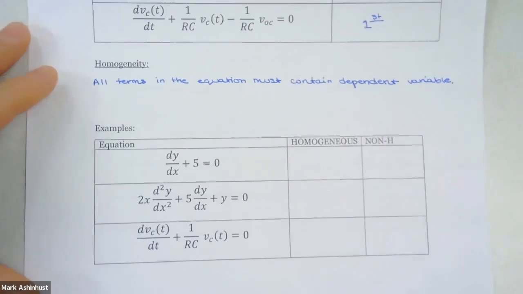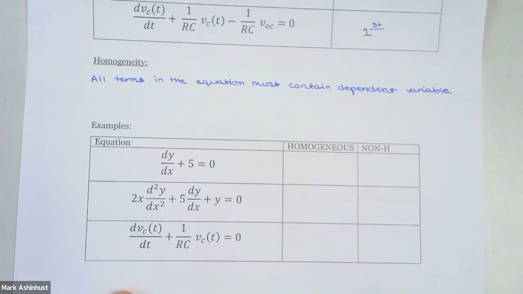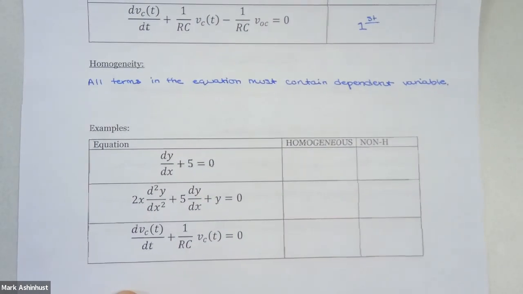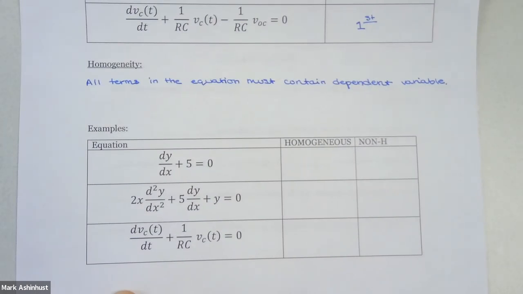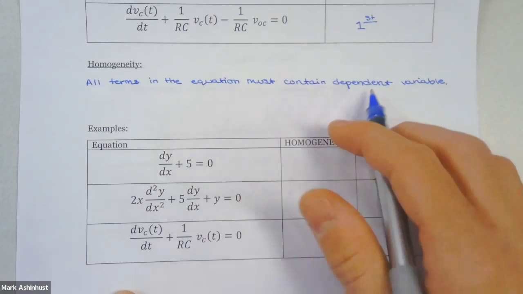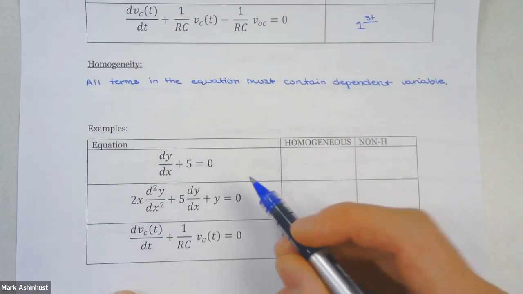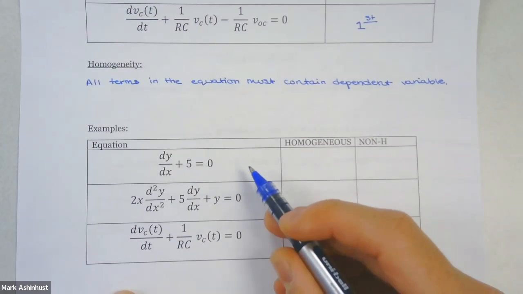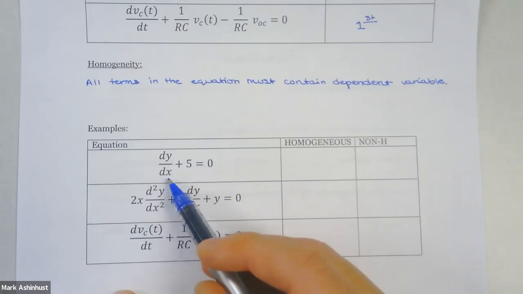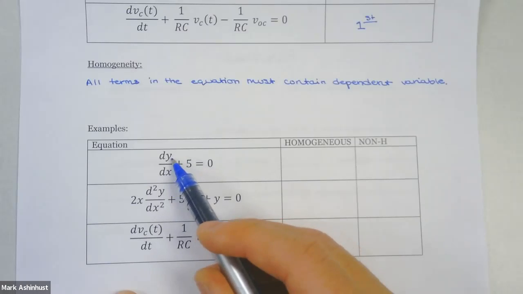Just like linearity, the first thing I would do is figure out your dependent variable, right? If you need to know it must contain the dependent, you should know what the dependent is. So looking at the first one, we can see that the independent is going to be x, and then the dependent is going to be y.